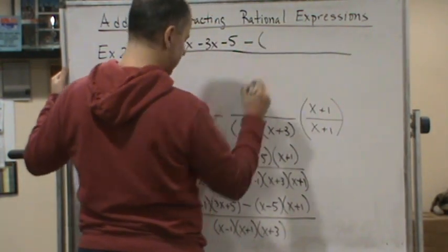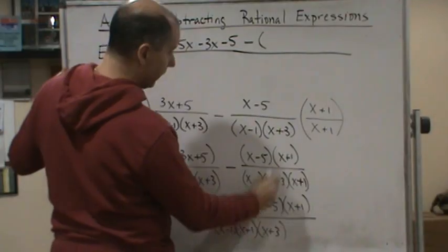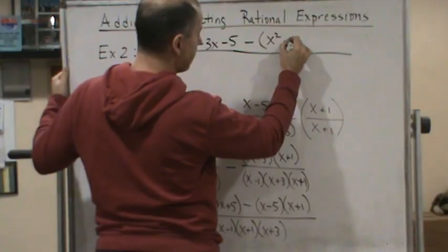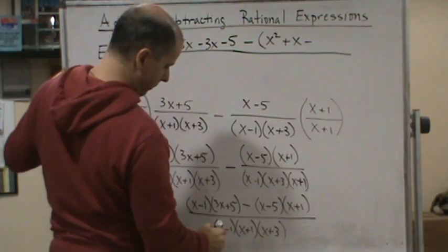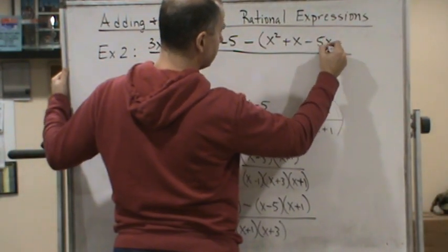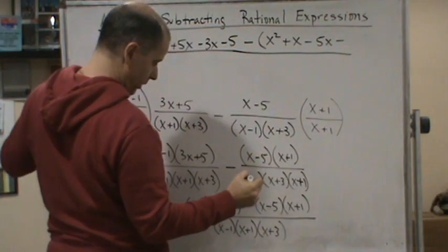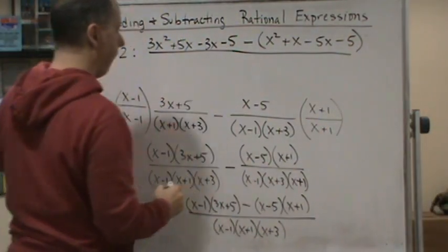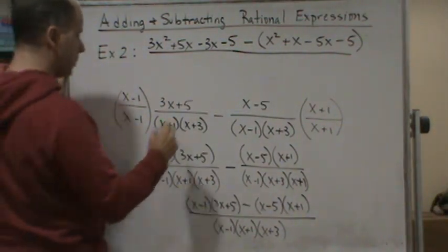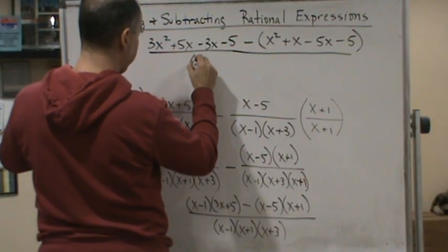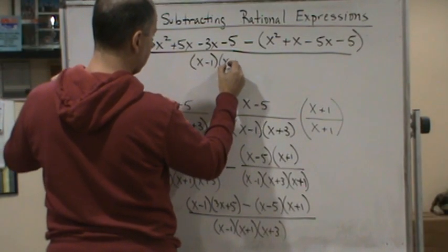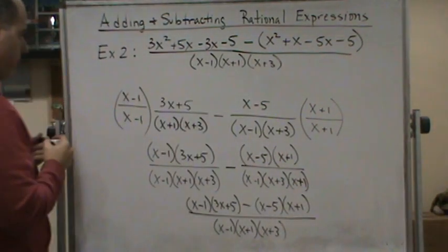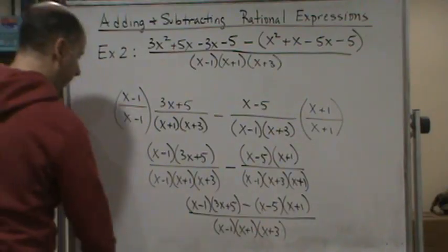And then minus, this is going to give me x squared plus x minus 5x minus 5. And I'm just going to leave the bottom factored. All right.